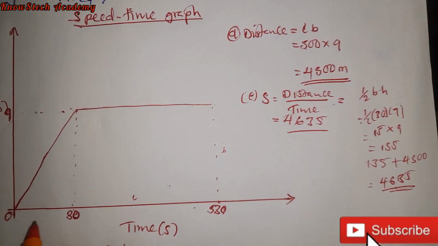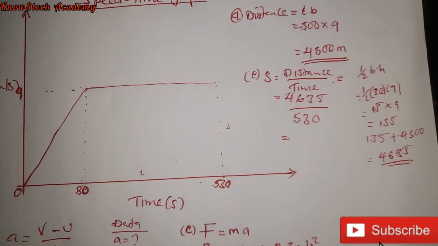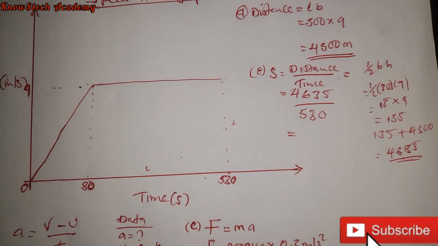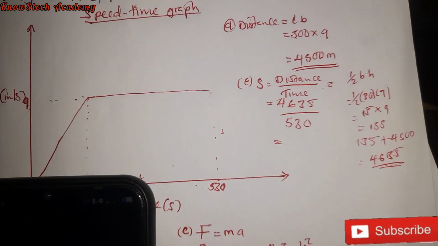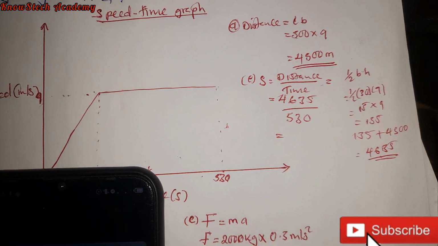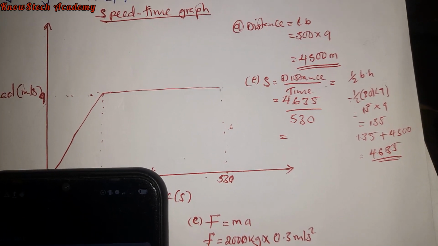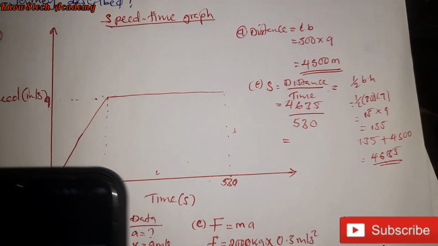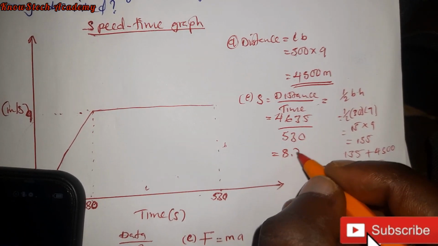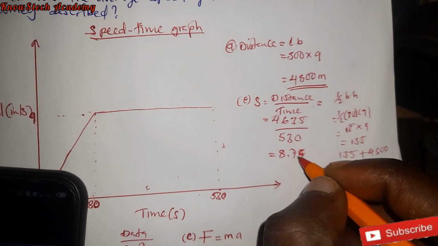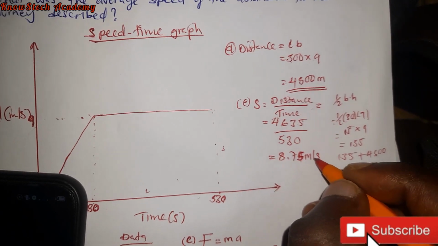The total distance is 4,635. The total time taken is 530. So 4,635 divided by 530, we are getting 8.74, 8.75 when rounded off. So 8.75 meters per second.